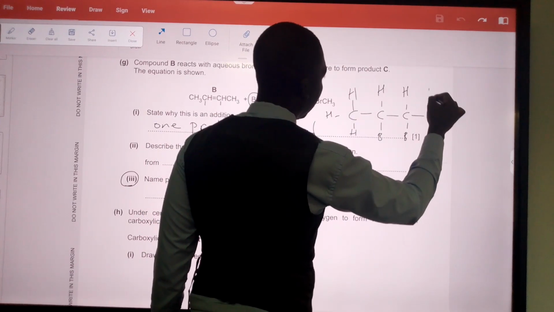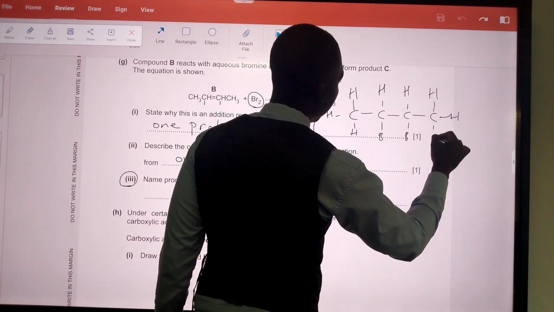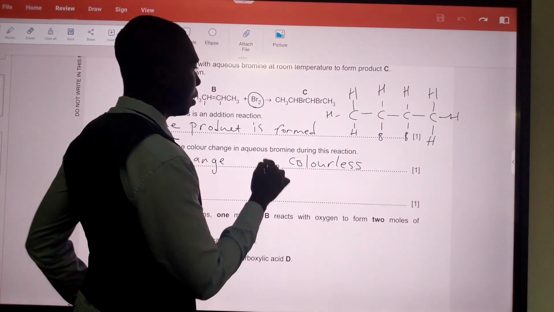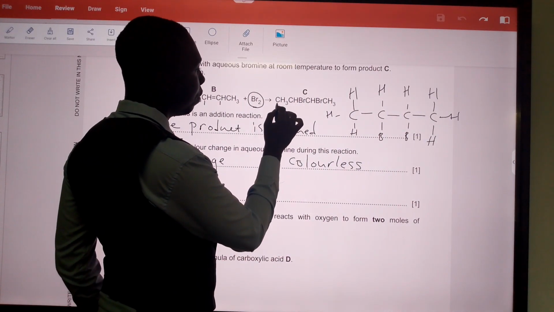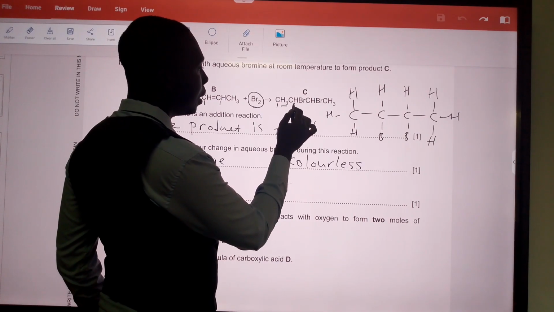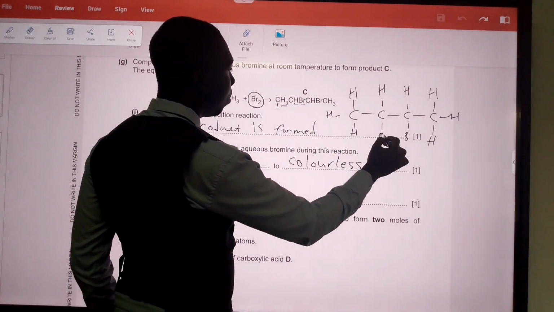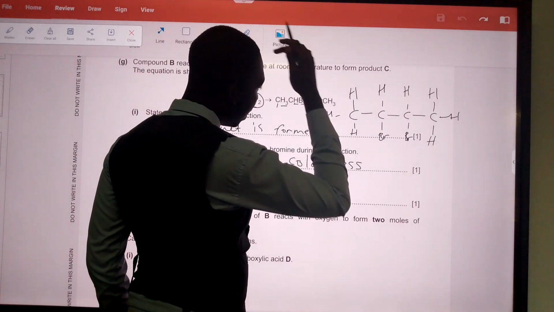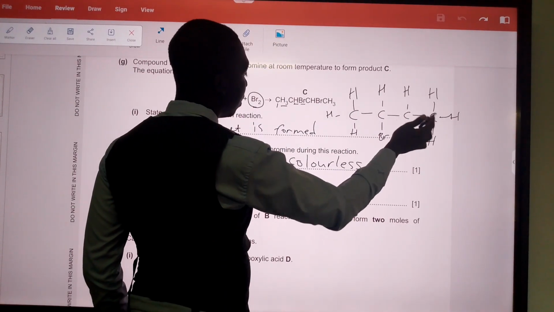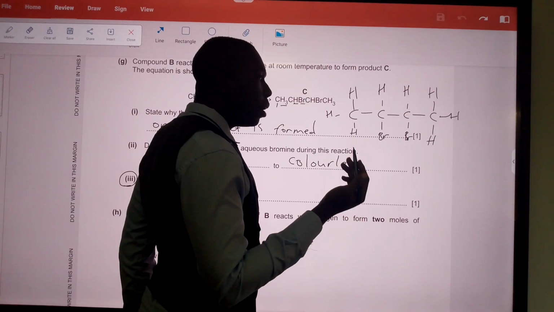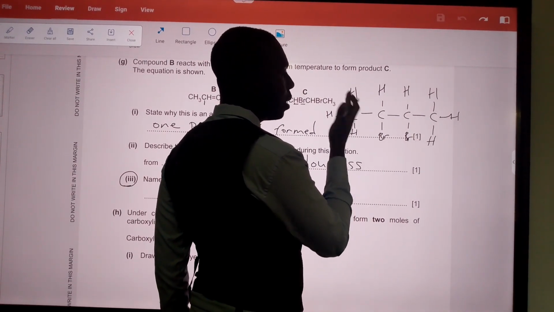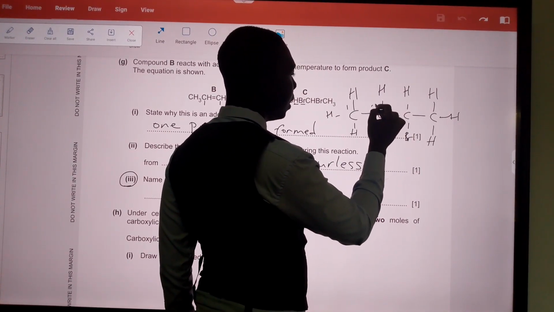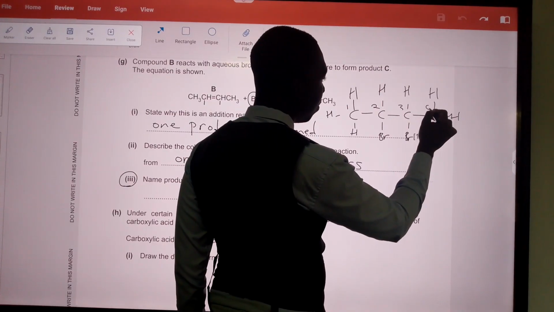If we were to draw the displayed structure, you can see we have 3 hydrogens on the first carbon, hydrogen and bromine on the second carbon, then hydrogen and bromine on the third carbon, and CH3 on the last carbon. If you count from either side, starting from this side, this is carbon number 1, number 2, number 3, and number 4.